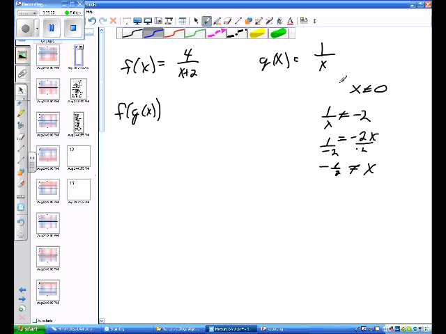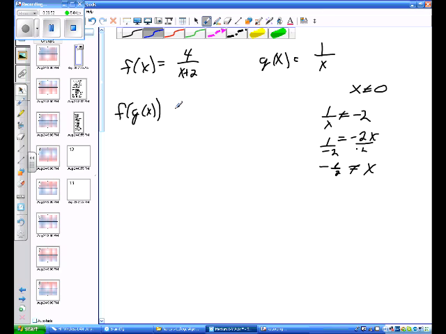So we have to first of all just see what this one can't be. It can't be 0 anyhow. But then we have to see, well, what would make this denominator 0? Well, if x were 2, since this is what we're plugging in for x, then that's what we deal with as it cannot equal 2. So our domain, it can't be 0 and it cannot be -1/2. And those are the only things that would limit it.